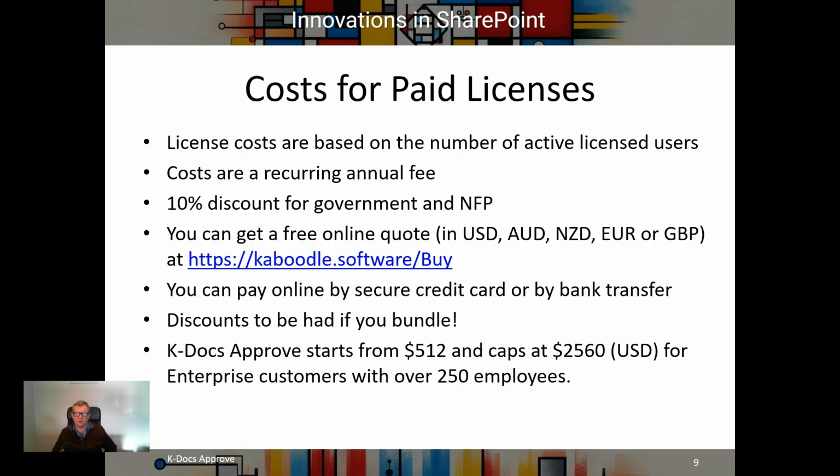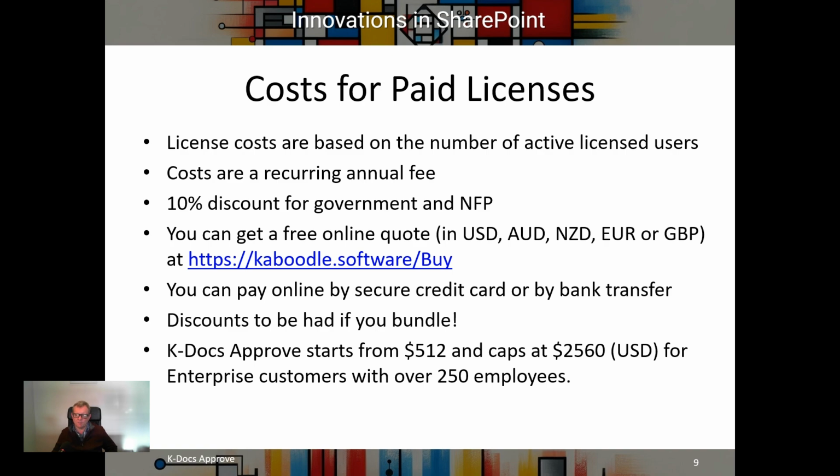You can pay online by secure credit card payment, or you can do international or national bank transfer if you're in Australia. We'll happily send you a quote or an invoice, but you can self-generate a quote from our site online. It just takes a couple of minutes.